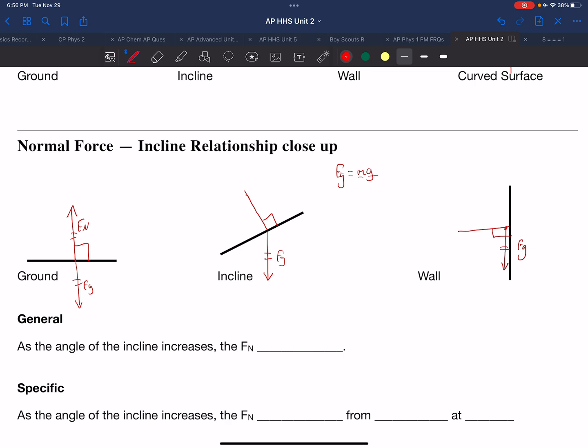Now, if you notice, if we have an object that's sitting there, we can see that all of the weight is pulling it into the surface. When we are at this orientation, we can see that none of the weight is pulling it into the wall.